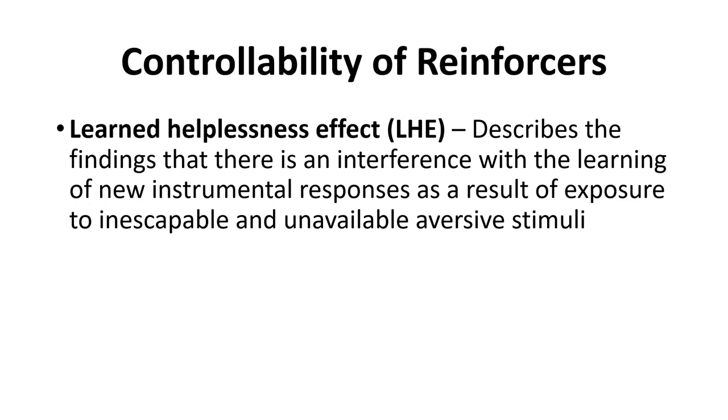So this describes the findings that there is an interference with the learning of new instrumental responses as a result of exposure to inescapable and unavoidable aversive stimuli. So in that idea of a rat having a light that comes on that lets them know that a loud aversive stimulus will be presented in the future, when they can use avoidance behavior, when they can press a lever to stop that aversive stimulus from happening, then they're going to learn that that light is warning them that something bad is coming, the very loud sound.